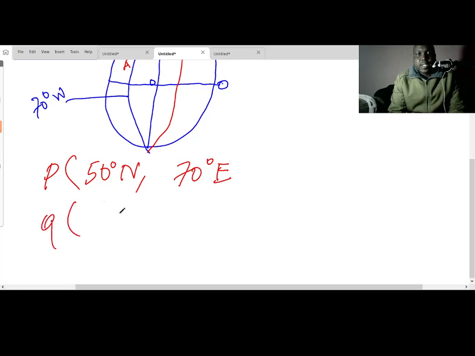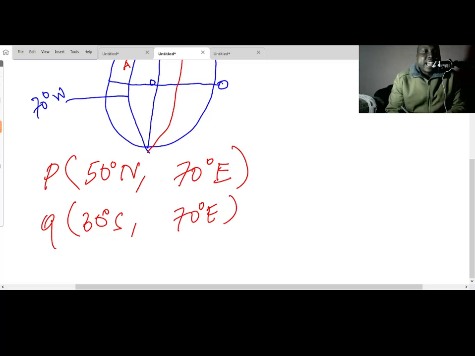Q is 30 degrees south, 70 degrees east. So when you look at this one, they are on the same longitude, but different latitudes, right? So what we do, let us start. Rule number 1, draw the globe.